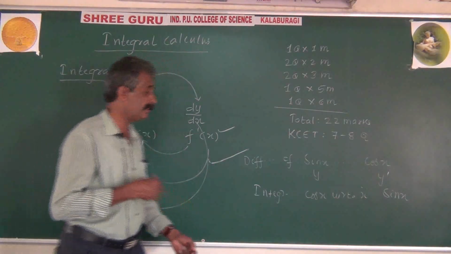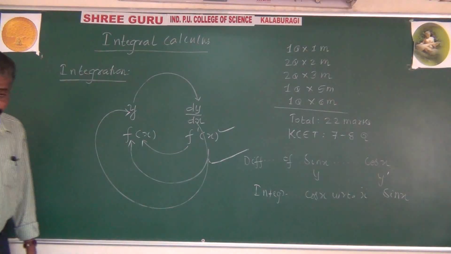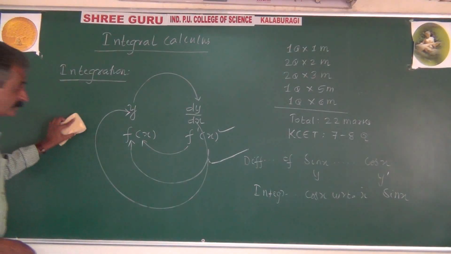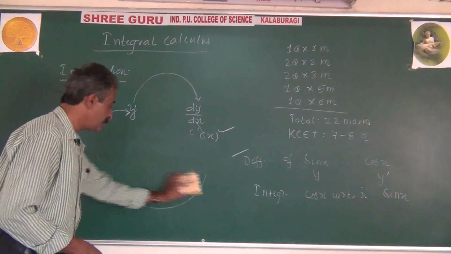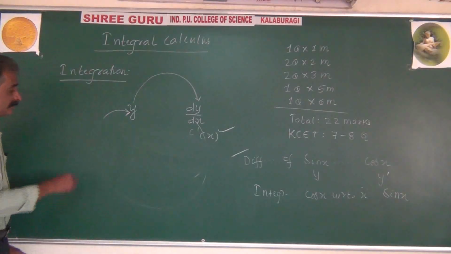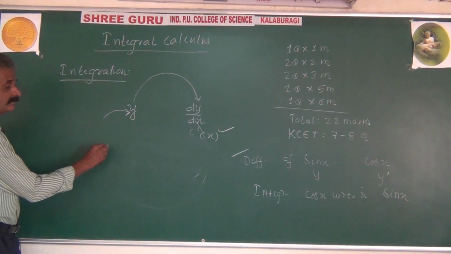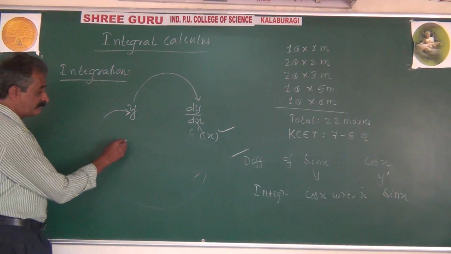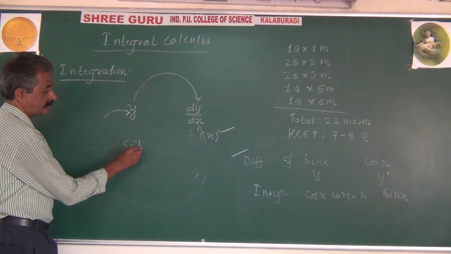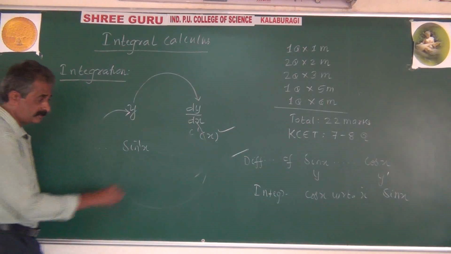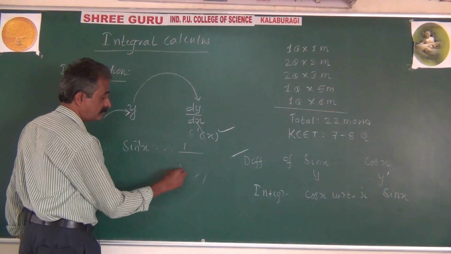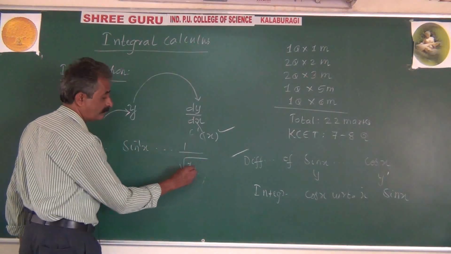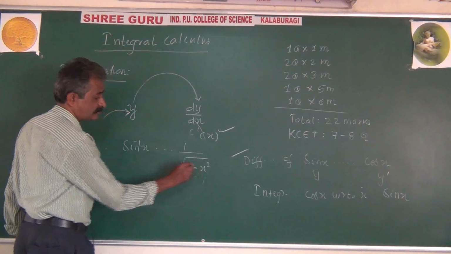Similarly, recall the earlier days of the topic differentiation. In those days, we saw that the differentiation of sin inverse x was found as 1 divided by square root of 1 minus x square.